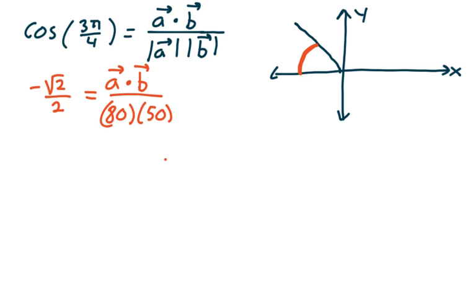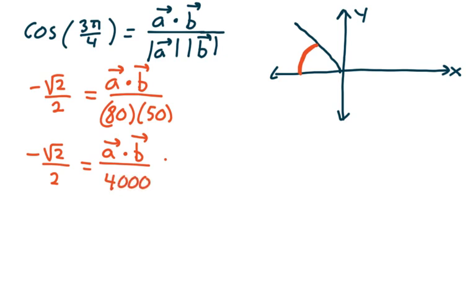Now, 80 times 50 is 4,000, excuse me. So negative root 2 over 2 is the dot product of A and B divided by 4,000.